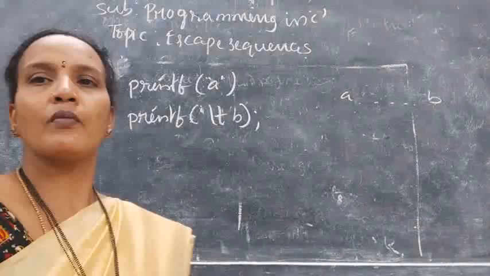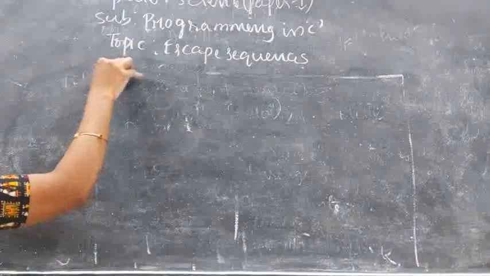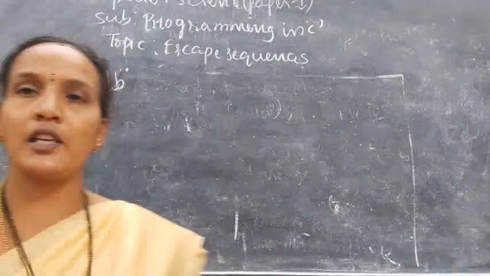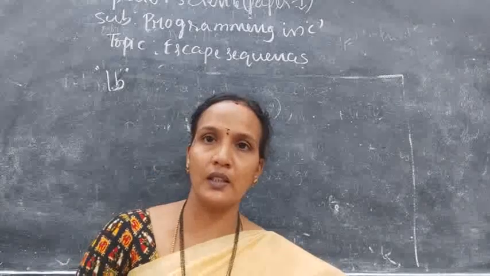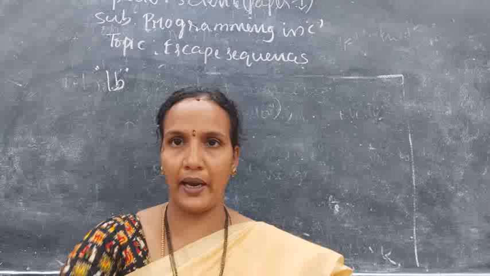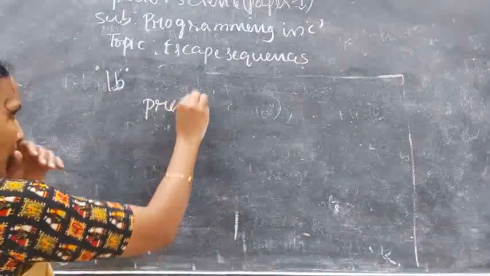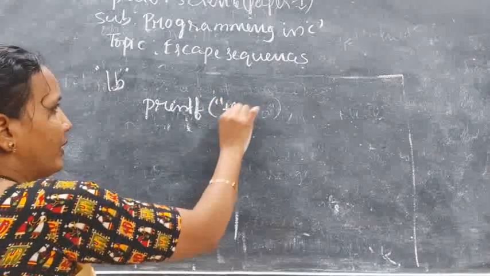Now the next escape sequence is backspace. The use of this escape sequence is that it moves the cursor position one position back. See the example, here you have printf hello.